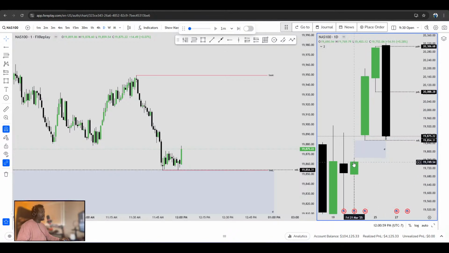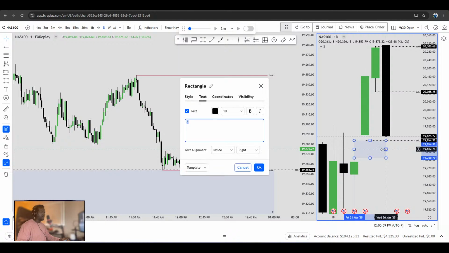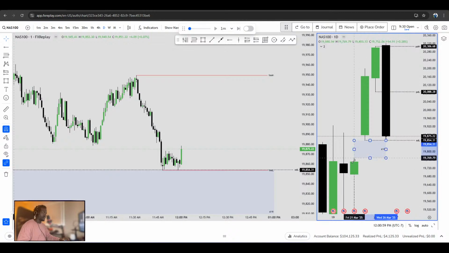But it's also a new daily opening gap. So for now, just leave it like that. That's a daily volume imbalance. There's no trading happening in there, so I just have it like that. Or I can do the close price and the open price, and then just do a new daily opening gap, right? So let's just stay like this.